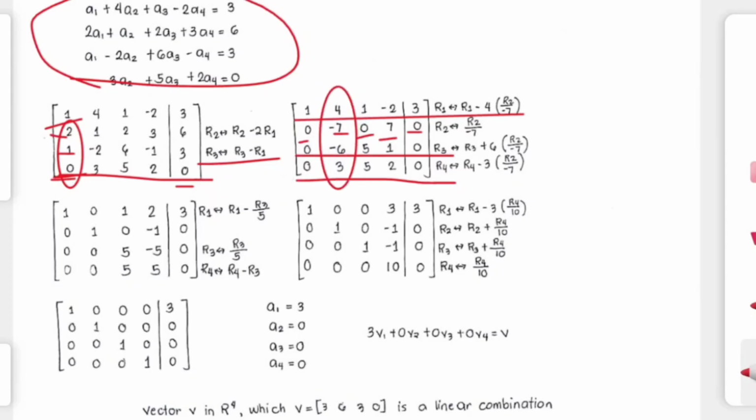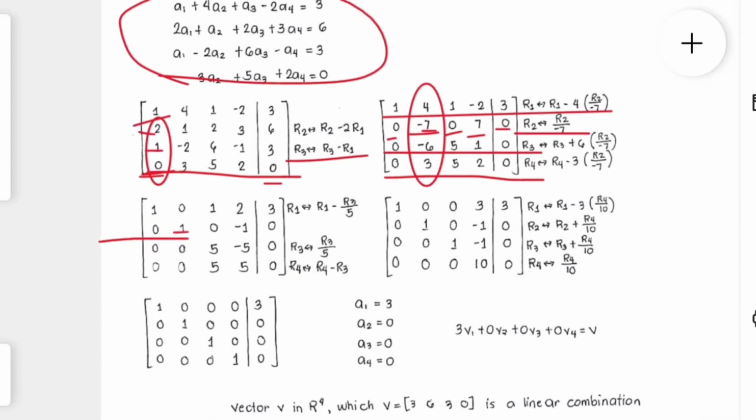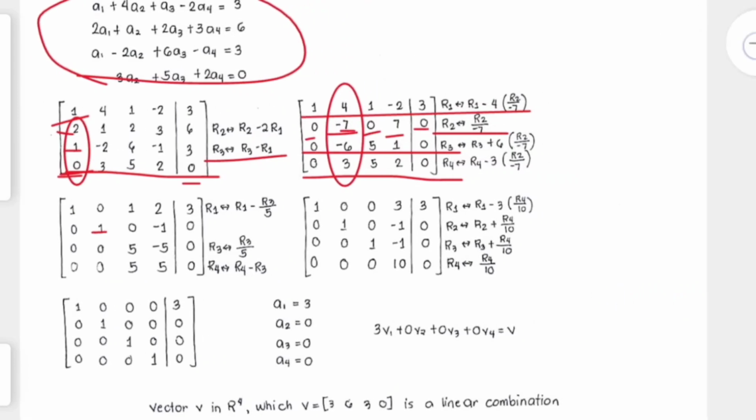Since we have negative 7, for this negative 7 to be 1, we have to divide r sub 2 by negative 7. So negative 7 over negative 7 is equal to 1, and then 0 over negative 7 is 0, and then 7 over negative 7 is negative 1, and then 0 over negative 7 is equal to 0.